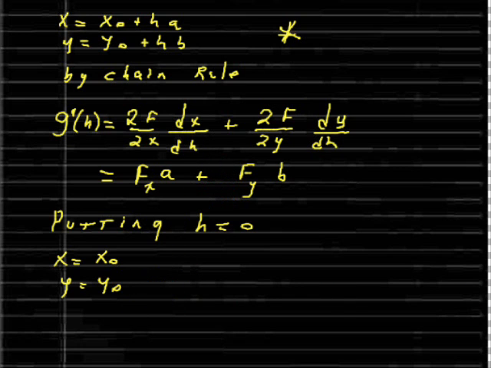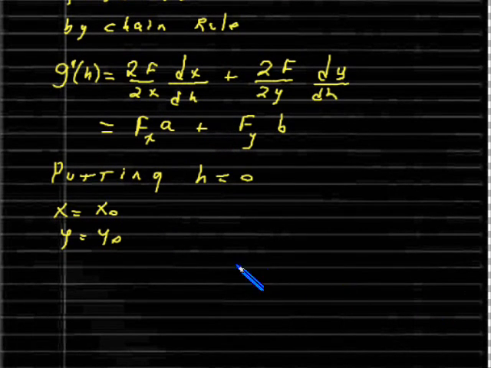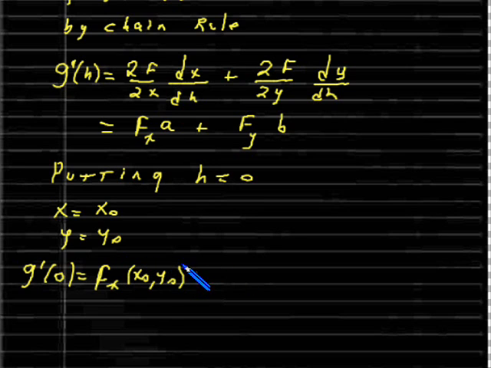So as a result of this, we get that g prime of 0 is equal to the partial of f in respect to x evaluated at x naught, y naught, times a, plus the partial of f in respect to y evaluated at x naught, y naught, times b.